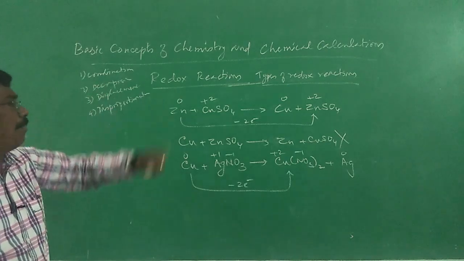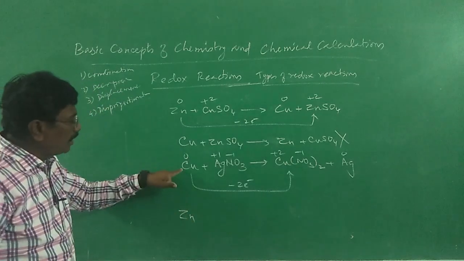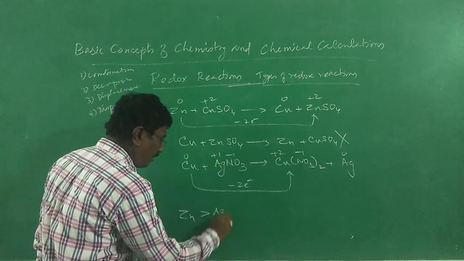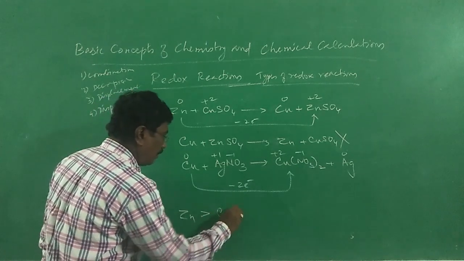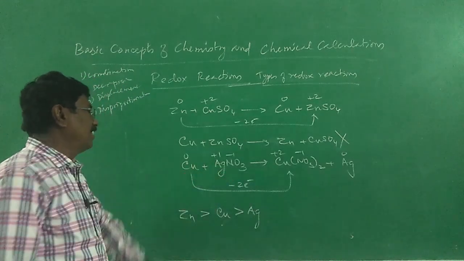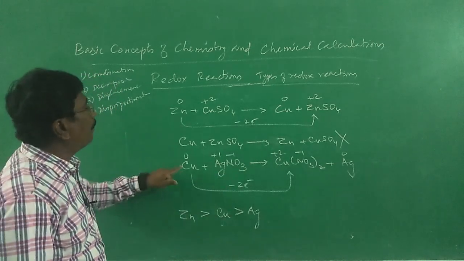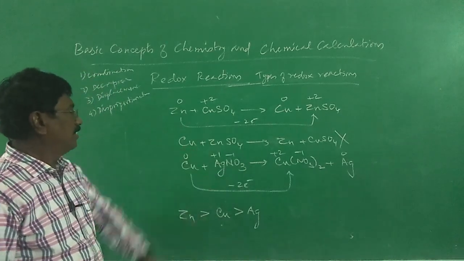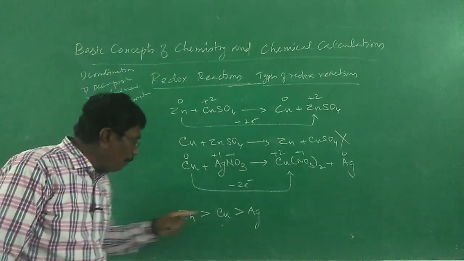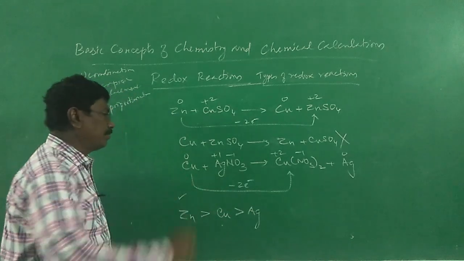it can displace copper from copper sulfate. Next to that, copper can in turn displace silver from silver nitrate. Whereas the reverse is not true. Silver cannot displace copper from cupric nitrate, and copper cannot displace zinc from zinc sulfate. Therefore, in this race, zinc can displace other metals.